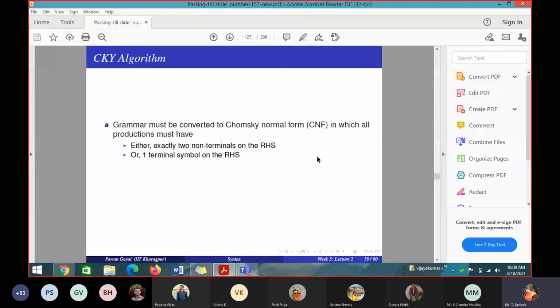We have to do some normalization for the existing grammar to work for the CKY algorithm. So the grammar should be converted to a normalized form. What is the rule for converting to the normalized form? Now we will be learning it. That normal form we call the Chomsky normal form.